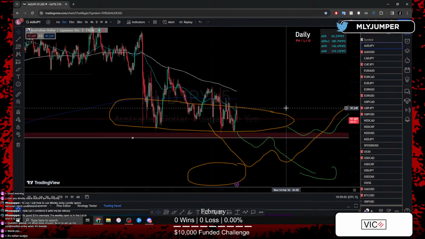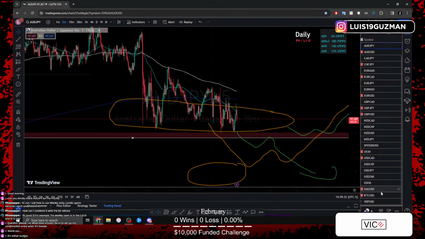Once you know the answer to that question, it makes trading a lot easier. Price is on our point of interest, we want to see price go up. The only way price is going to start going up is if you see higher highs and higher lows. If price gets to your point of interest and it's still making lower lows and lower highs, then you know it's not ready to move.